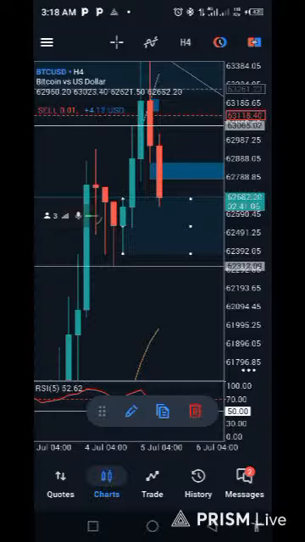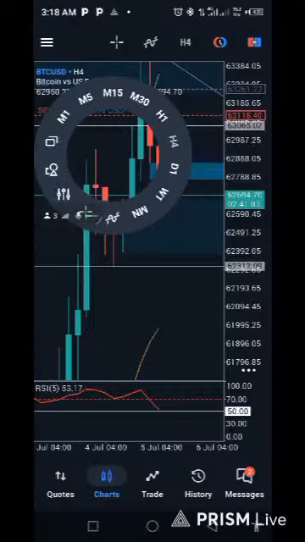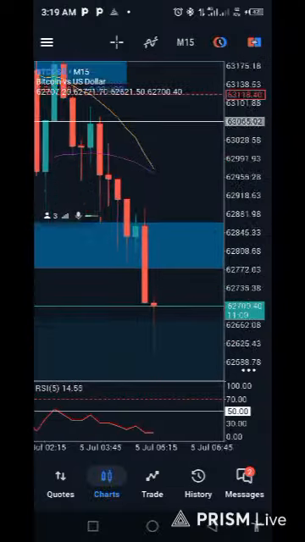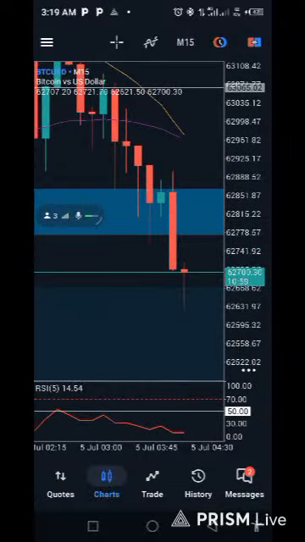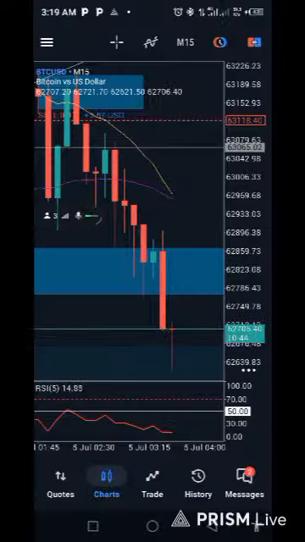If you want to know where it's going to reverse back down, you go to a lower time frame, the 15 minutes time frame. Now in this 15 minutes time frame, you can see this gold line and this purple line. The gold line and purple line that you see here is my 20 moving average and the 50 moving average. Let me show it to you.